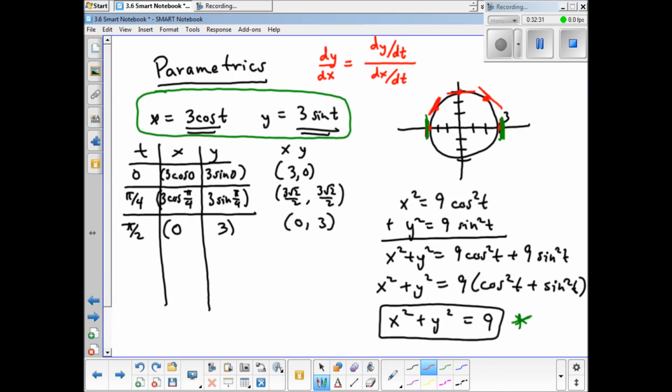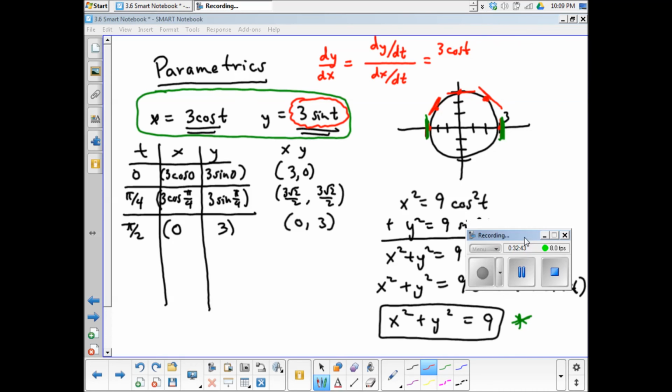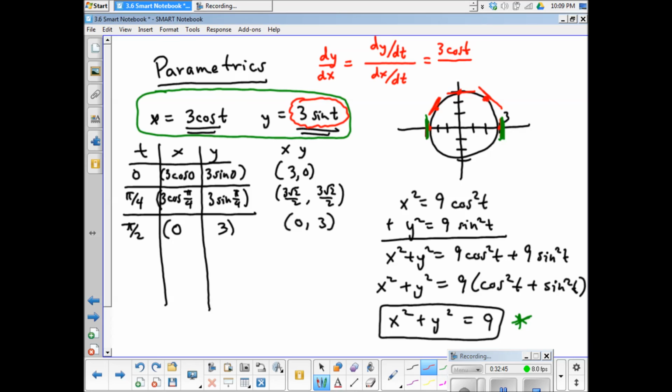So for this problem, you'd be taking the derivative of 3 sine t, which is simply 3 cosine t, all over the derivative of 3 cosine t, which is of course just negative 3 sine t, and the 3's would cancel, and you would just actually get negative cotangent t.